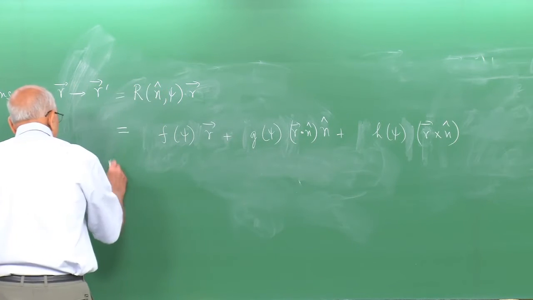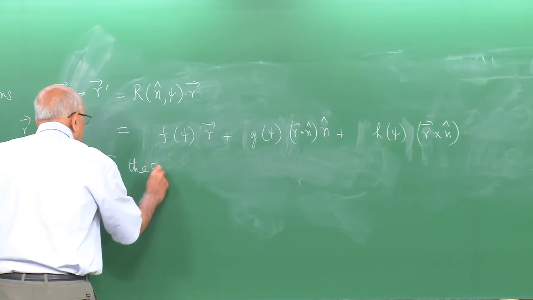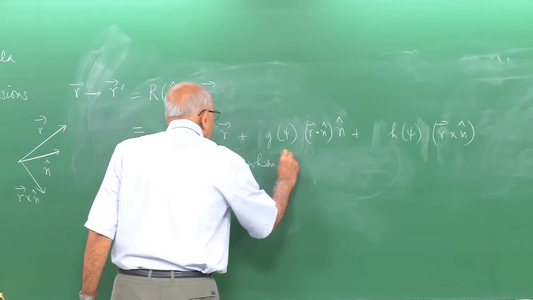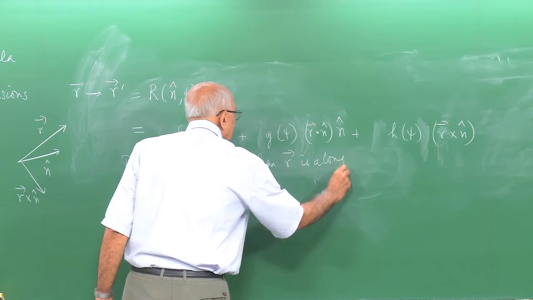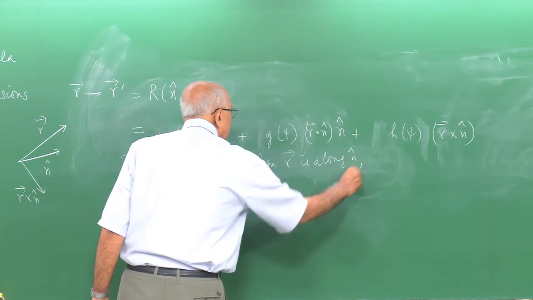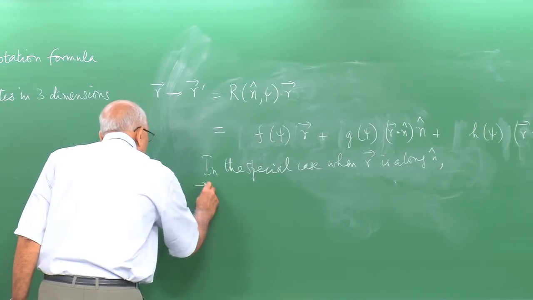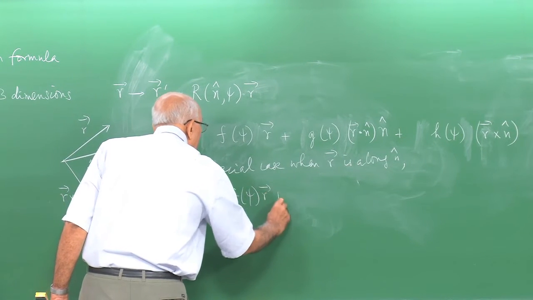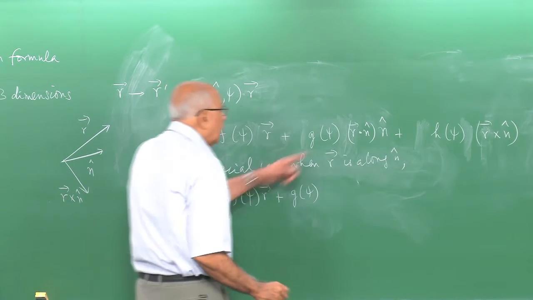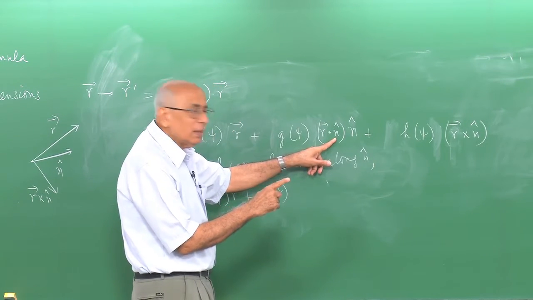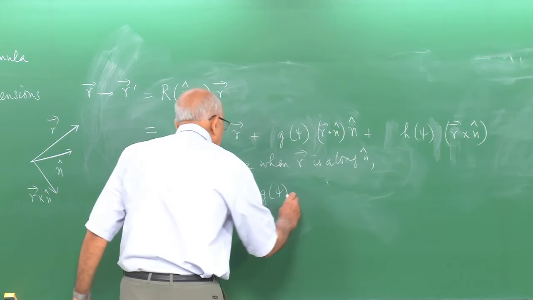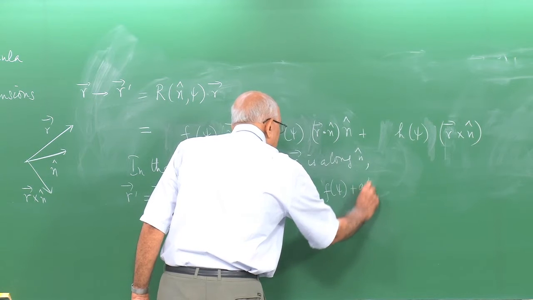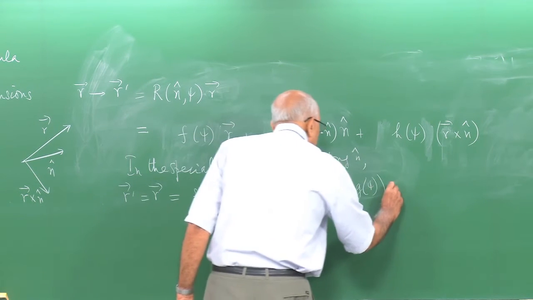So in the special case when r is along n, you must have r prime equal to r, which must be equal to f of psi times r plus g of psi times r dot n, which is the same as the magnitude r, multiplied by n, which is the same as vector r, equal to f of psi plus g of psi, times r.